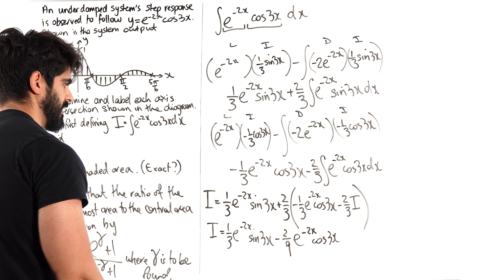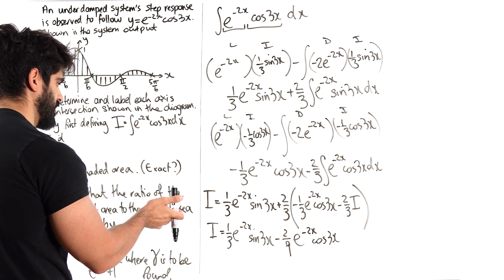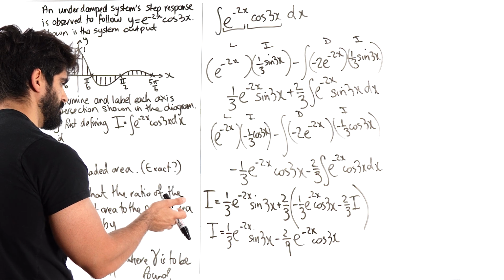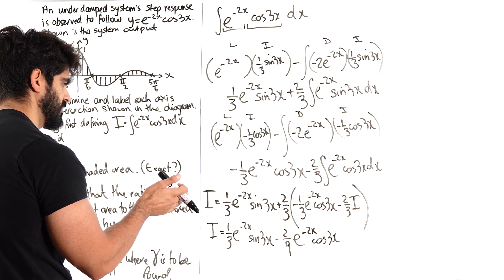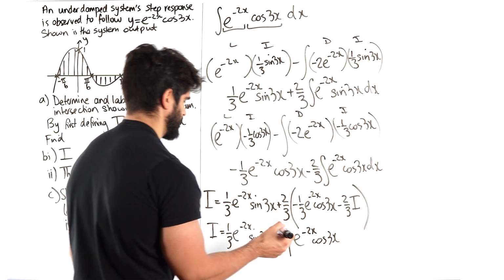Why am I bugging? Minus 2/3 times 1/3, 2/9. That's what I wrote. I'm bugging out right now. Minus 2/9 e^(-2x) cos 3x, yeah. Then minus 4/9 I.